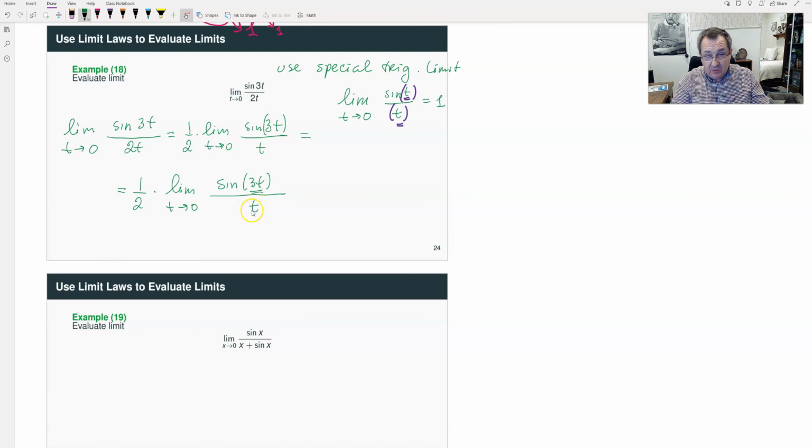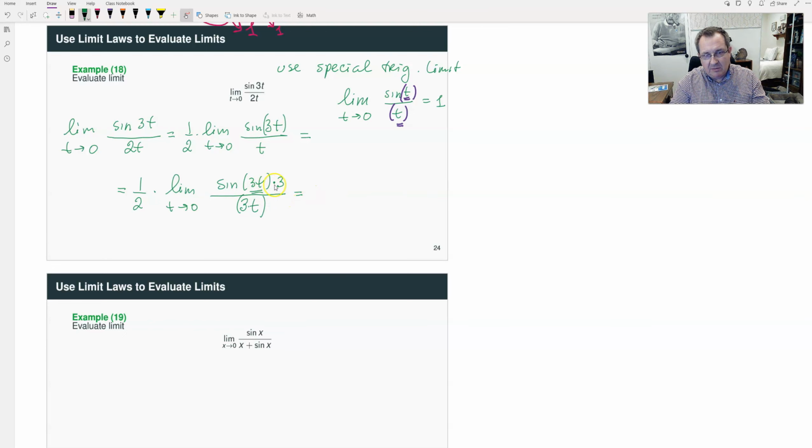So what I will do is multiply and divide by 3. I will put 3 in the denominator, and I will put 3 in the numerator. The 3t in the denominator will match the sine of 3t, and that 3 will be an additional factor.